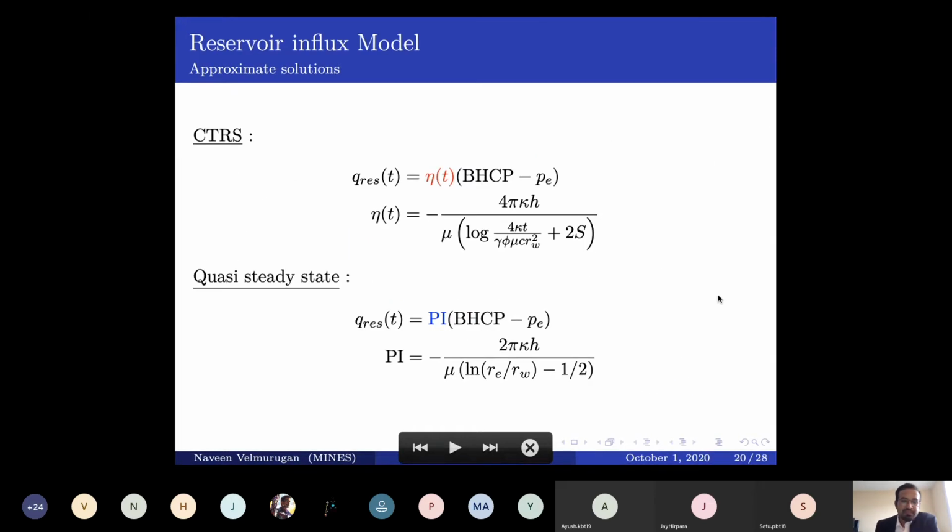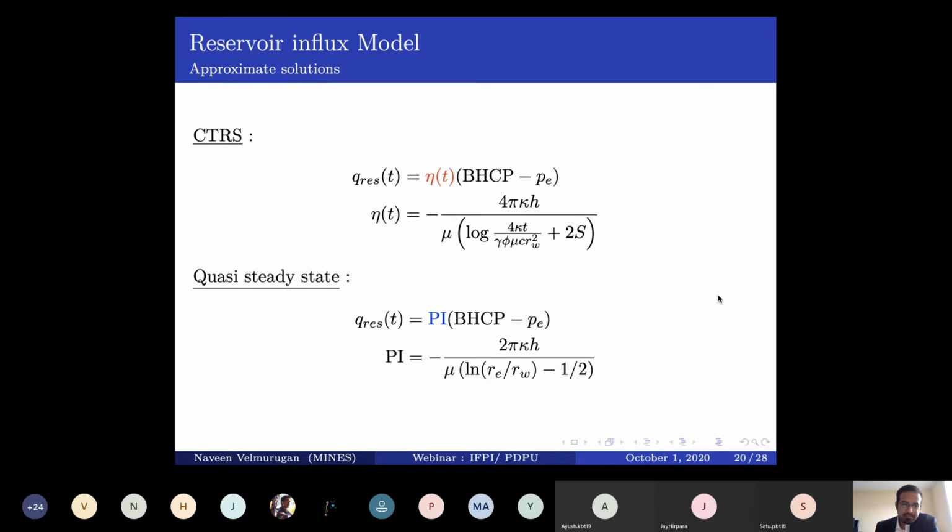If you have already started learning reservoir engineering, you must be aware of these two particular types of solutions. The influx is given by CTRS, that's nothing but the constant terminal rate solution. It's an approximate representation of your influx for the transient states.